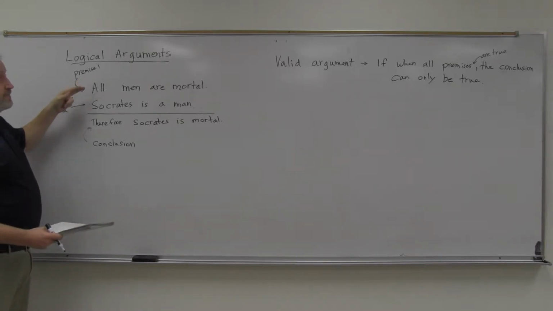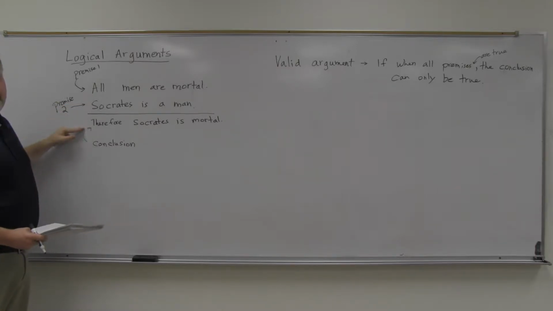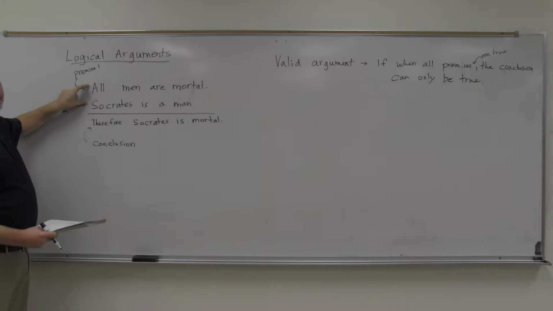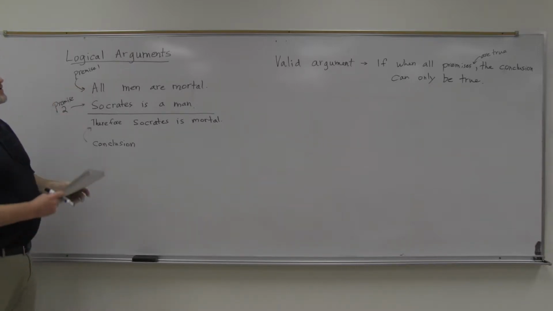Now, if both of these are true, but the conclusion can be false when those two are true, that's no good, is it? Because we're saying these two must give us this. When these are true, this can only be true. So that's invalid.